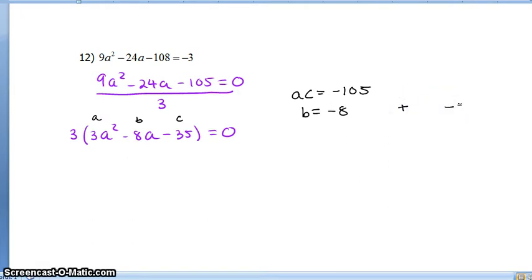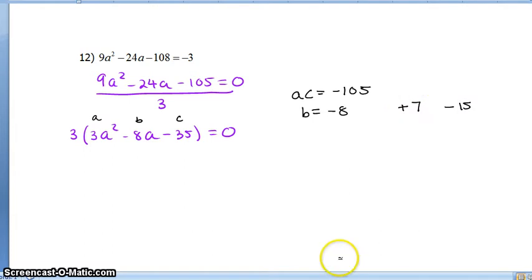And the difference between them can't be that large, only negative 8. So that means that the negative number has to be bigger, and the difference between the numbers is not too big. So we don't want to go with 35 and 3. What about 7? If we divide 105 by 7, I get 7 and 15, and that'll give me negative 8. So this should be negative 15 and positive 7, and those are going to be my factors.